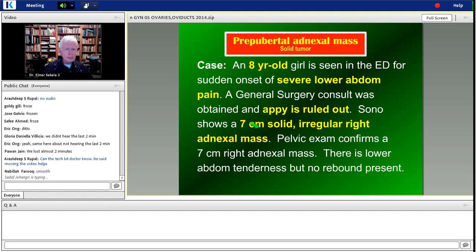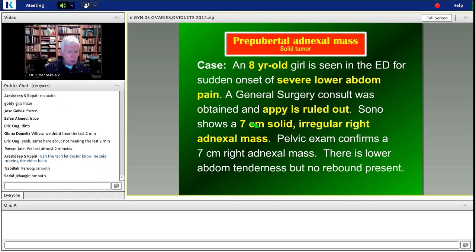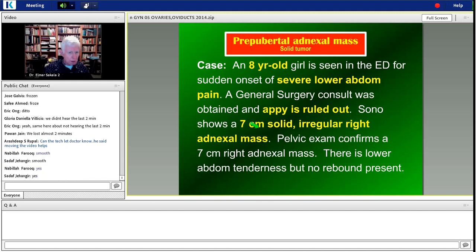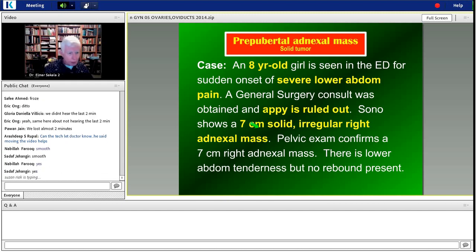Smooth. Is it possible for a prepubertal girl to have an ovarian cancer? Yes, she can, although it is rare. What's the likelihood that a solid adnexal mass is a functional mass? 0.